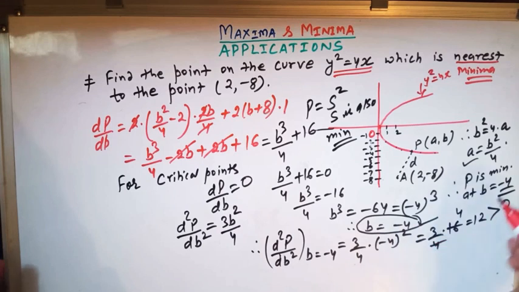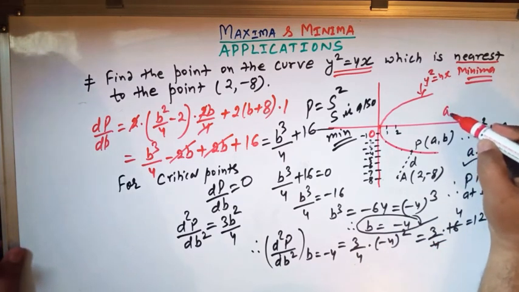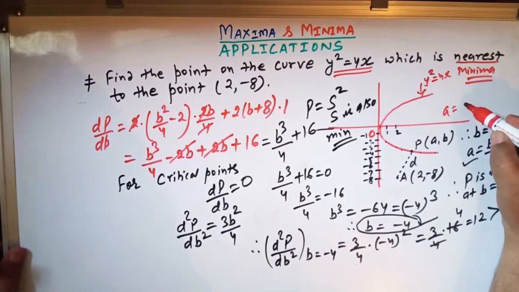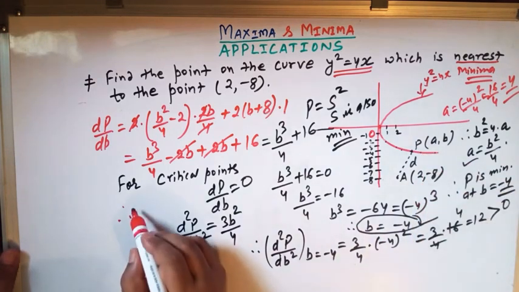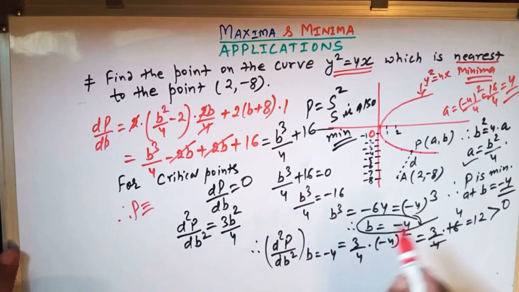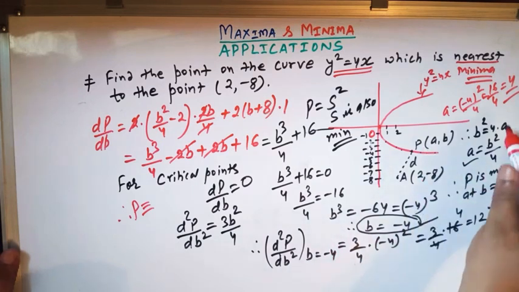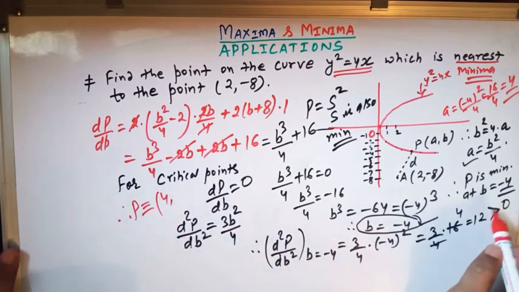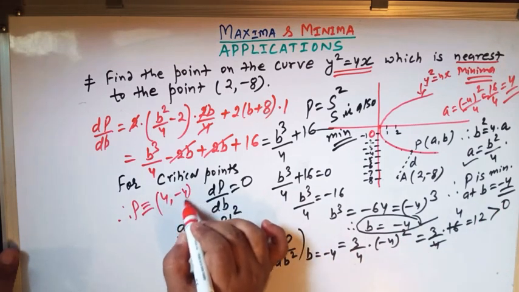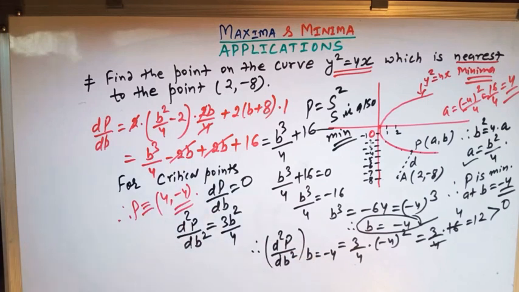Now we substitute this value here, so we get a, and a is minus 4 whole square over 4, and this is 16 over 4, and we have 4. So viewers, therefore the required coordinates of this point P are a comma b, and a is 4 and b is minus 4. So this is how we solve this problem.